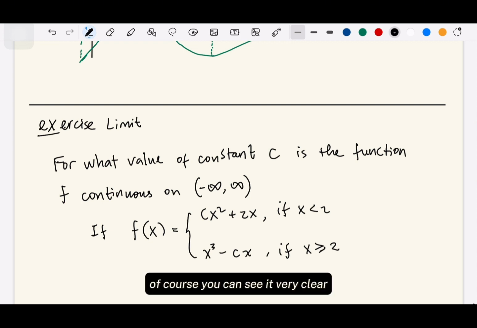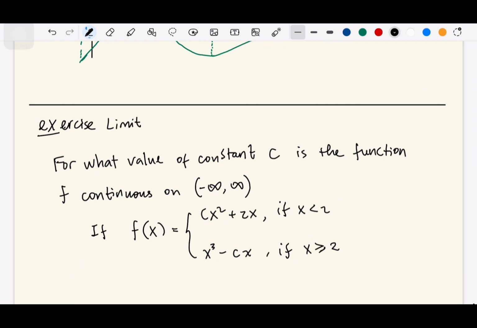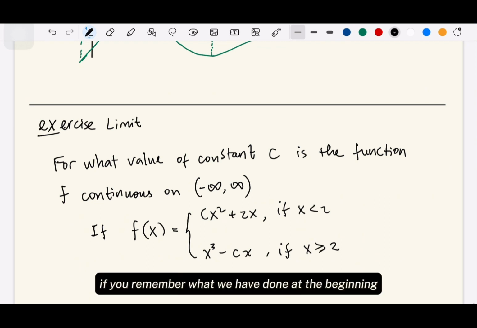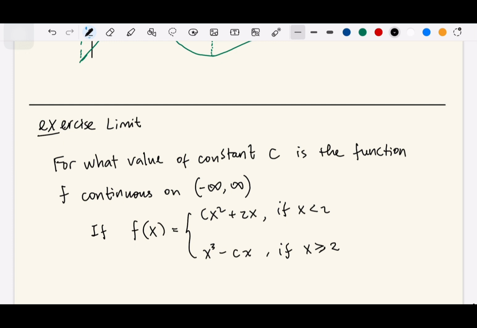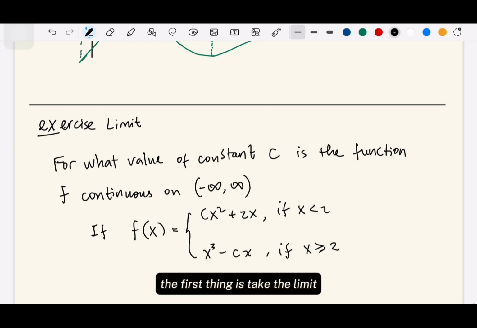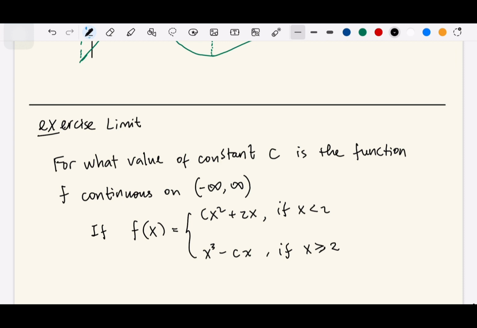Of course, you can see it clearly because it's cubic and square, but in terms of continuity, if you remember what we did at the beginning, the first thing is to take the limit and then check the point. The first step is correct. I should continue. Do you understand the question?